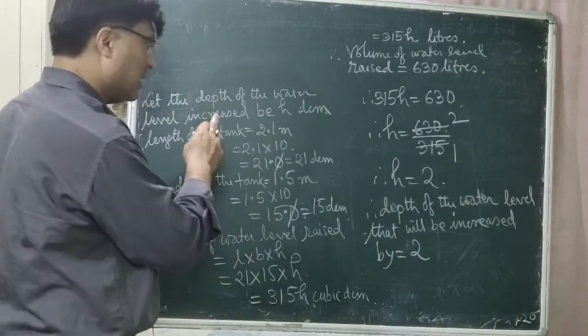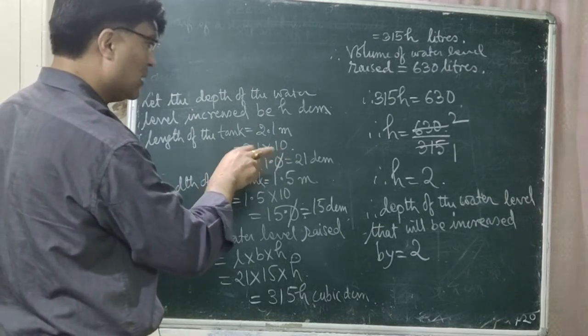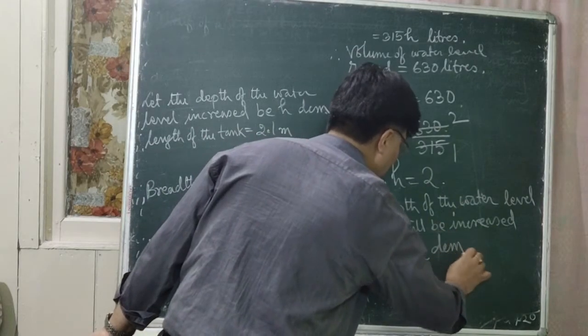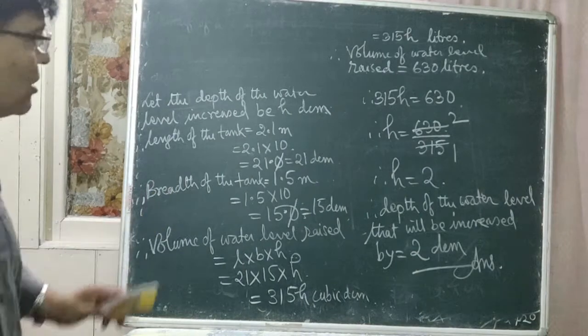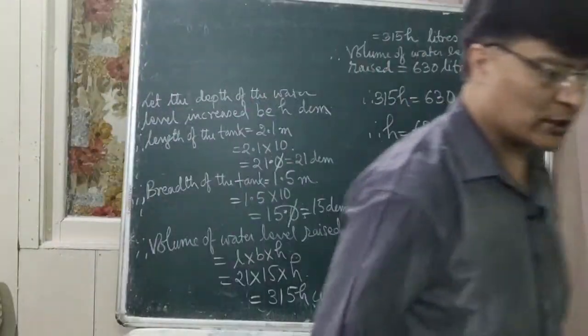What is the unit? H decimeter was assumed, isn't it. So depth of water level that will be increased by is equal to 2 decimeter. So this is the final answer. So this question is also very very important, so you can copy it. We'll do the next question now.